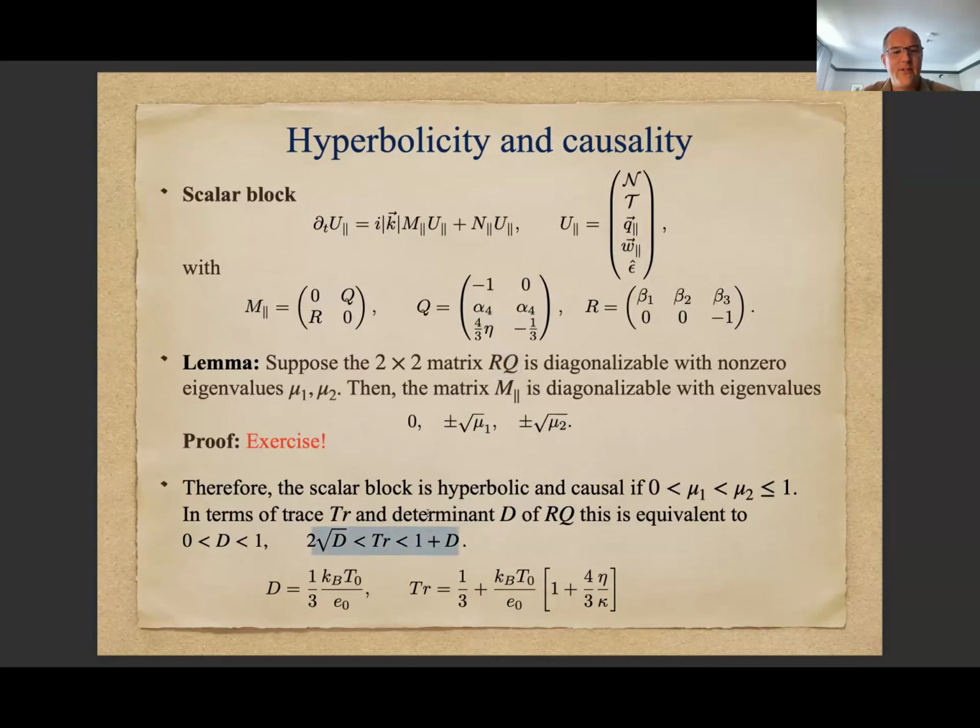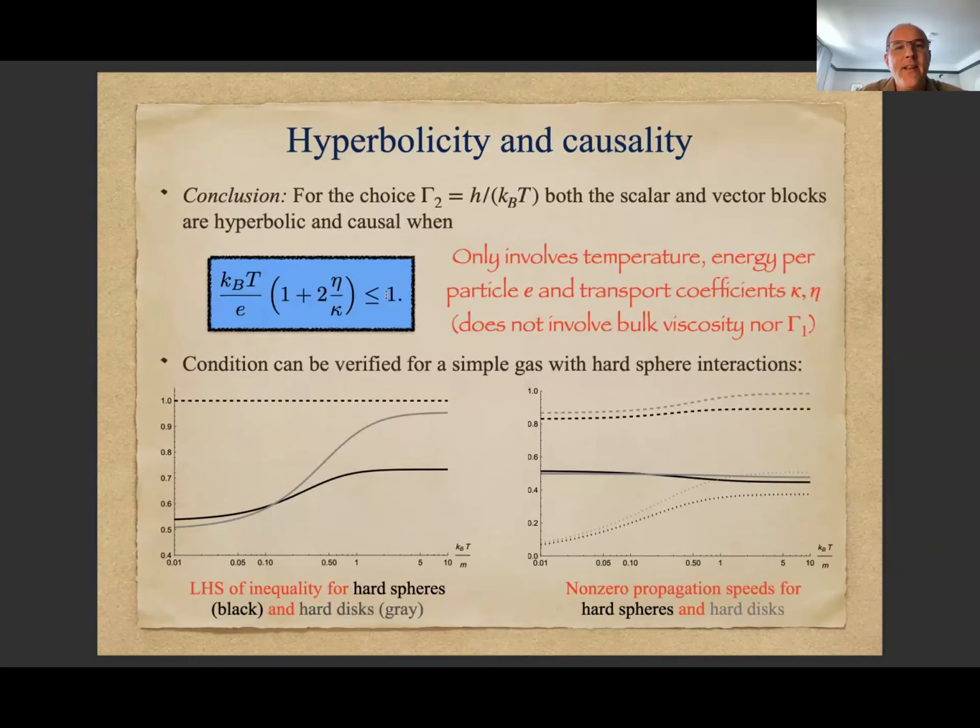Computing the determinant and trace of this 2 by 2 matrix, you get these expressions. Then it is just an algebraic exercise to see that this condition is automatically satisfied if this fundamental inequality is satisfied.